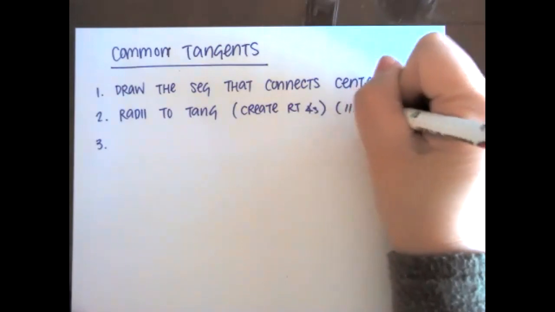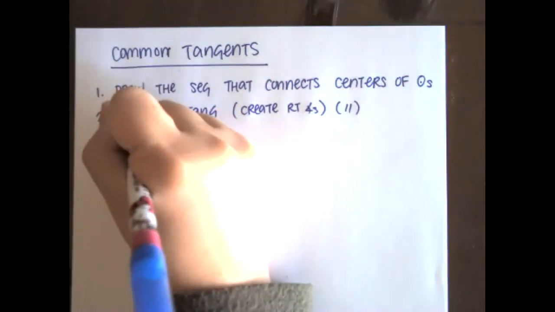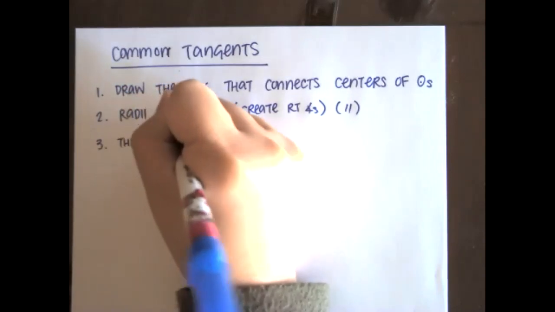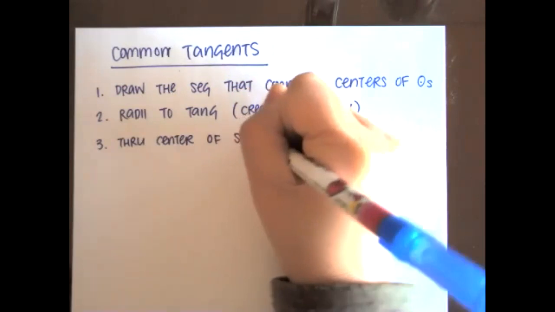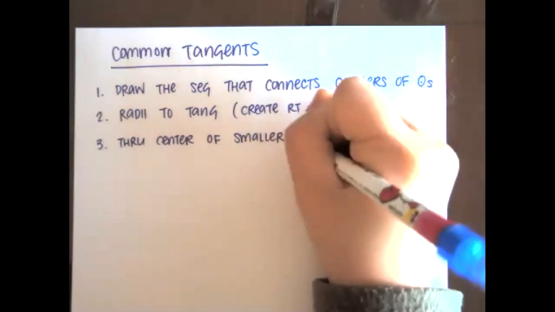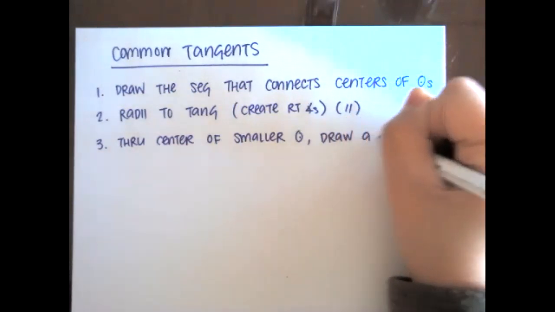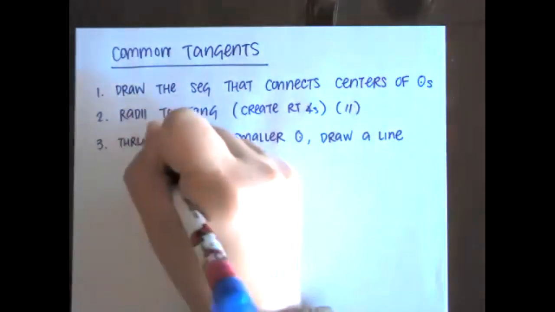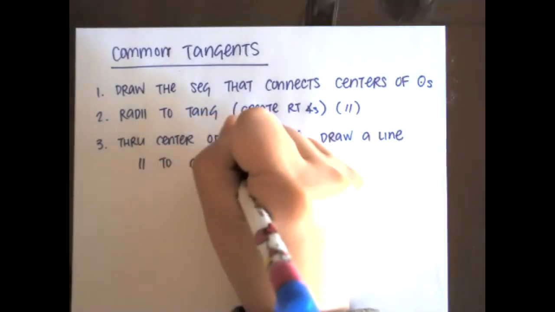So you can make a note: parallel. Through the center of the smaller circle, draw a line that's parallel to the common tangent.